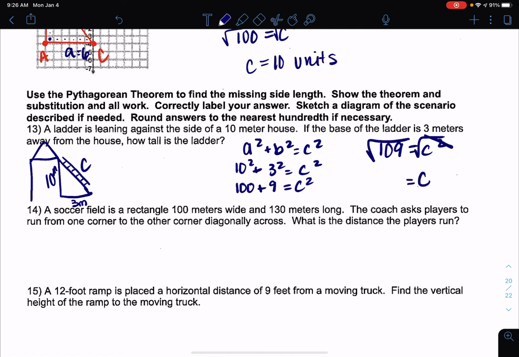So c is officially by itself, and the square root of 109 is going to be 10.44 meters, because it's asking us to round to the nearest hundredth.